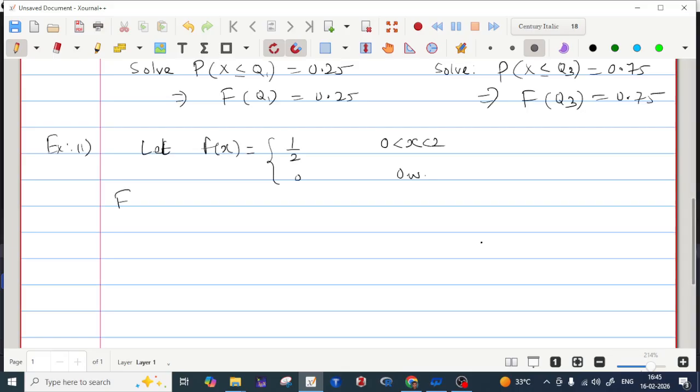Find median and quartile Q1. Also obtain quartile deviation.